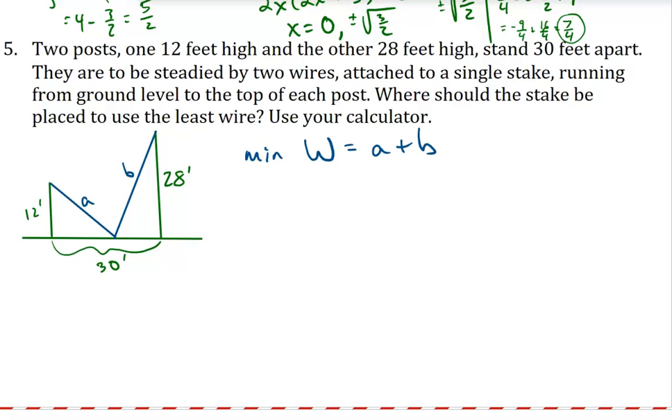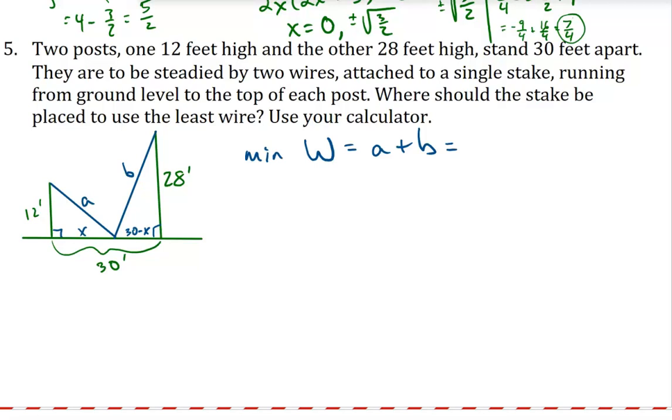Okay. Now, we need to get all this in terms of a single variable. So we do have 2 right triangles. Right triangles should make us think either SOHCAHTOA, if angles are involved, or Pythagorean theorem. We're using Pythagorean theorem since we're talking about the lengths. So I'm going to call this side x, and I'm going to call this 30 minus x.